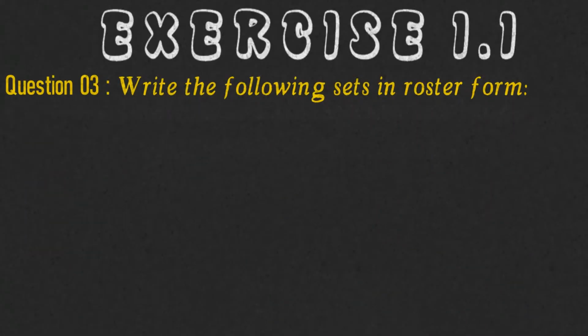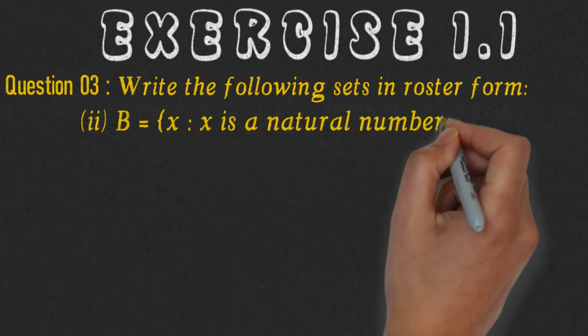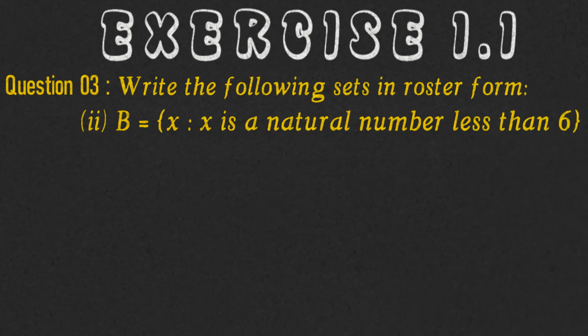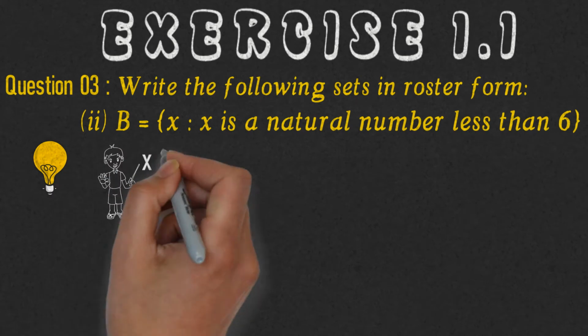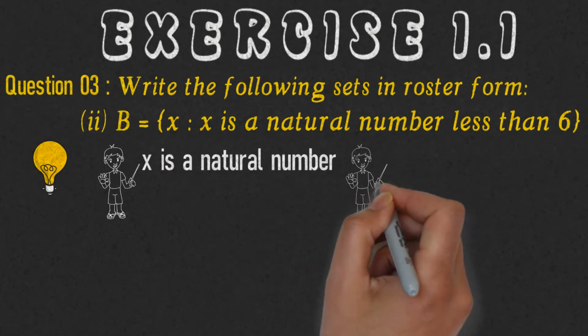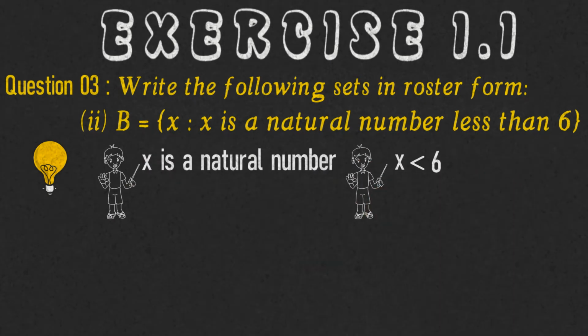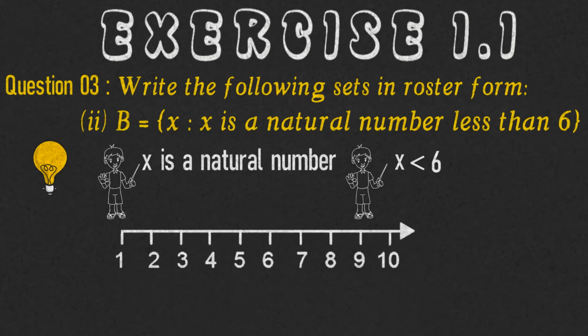Next is section 2 of question 3. B is equal to set of x such that x is a natural number less than 6. Solution. Here, there are two conditions mentioned in the given set. The first condition is x is a natural number, and the second condition is x should be less than 6. Consider the number line of natural numbers as shown.